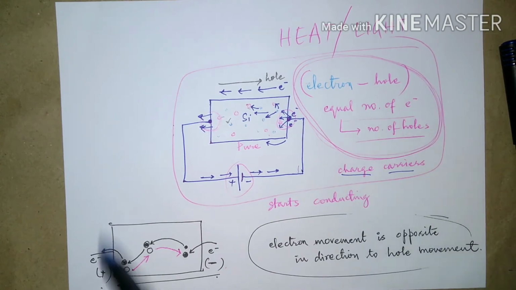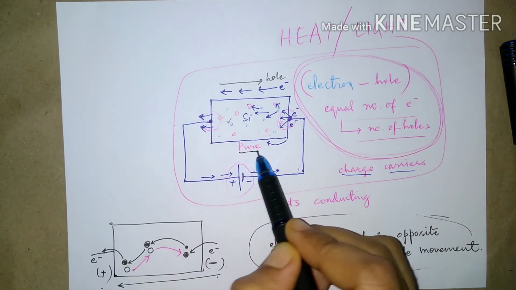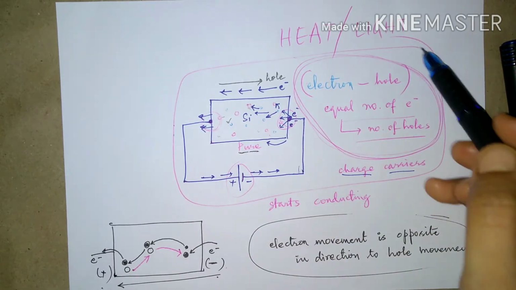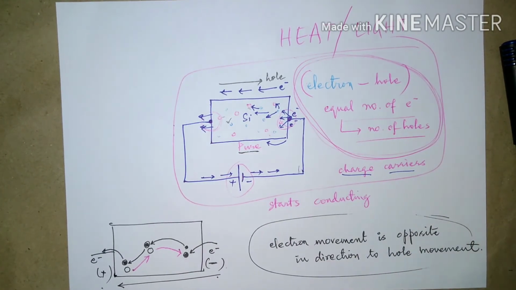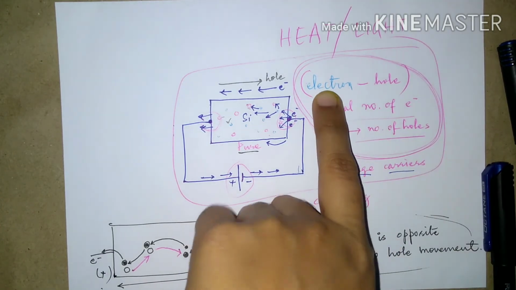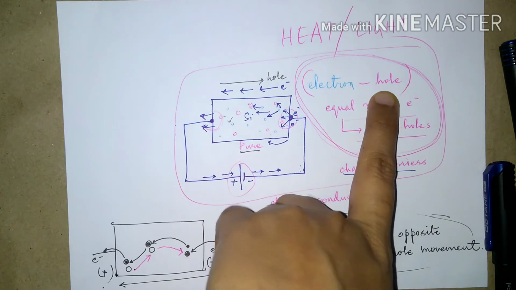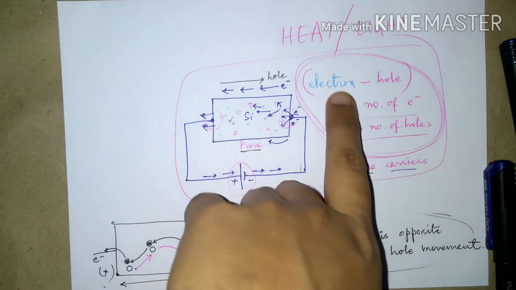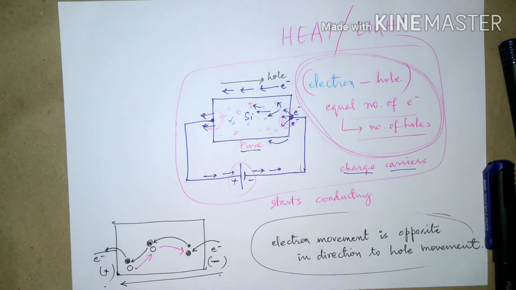Now this whole thing is happening inside pure silicon at room temperature, and last time we discussed that at room temperature we don't have enough clarity regarding how many electrons and holes are getting created. We don't have control over it.